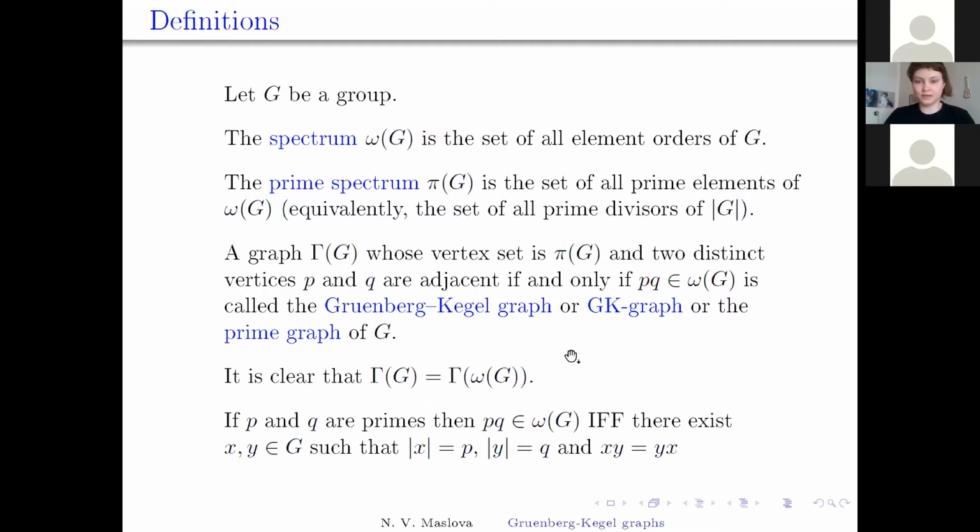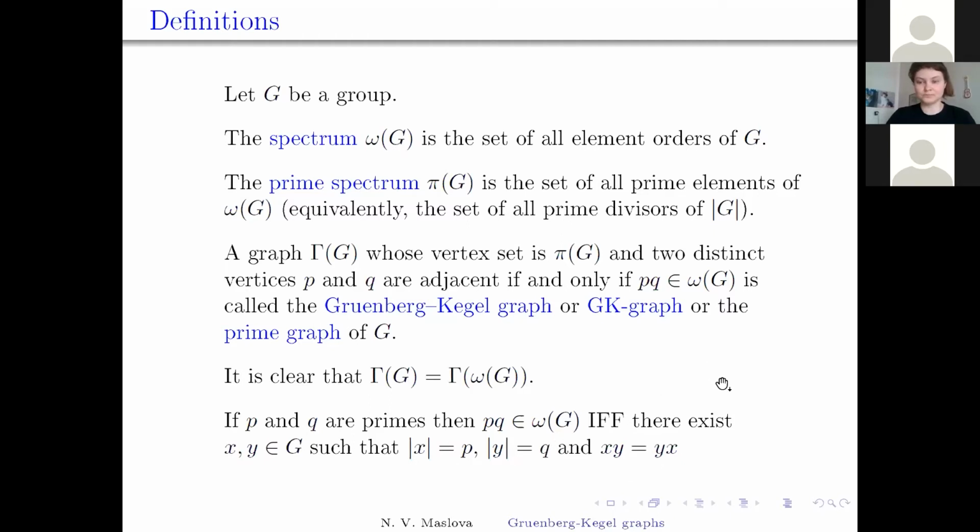And it's easy to understand that the prime graph of a group is just a prime graph defined with its spectrum. Using very simple group theoretical reasoning, two primes p and q in the Gruenberg-Kegel graph are adjacent if and only if the group contains two commuting elements of orders p and q.